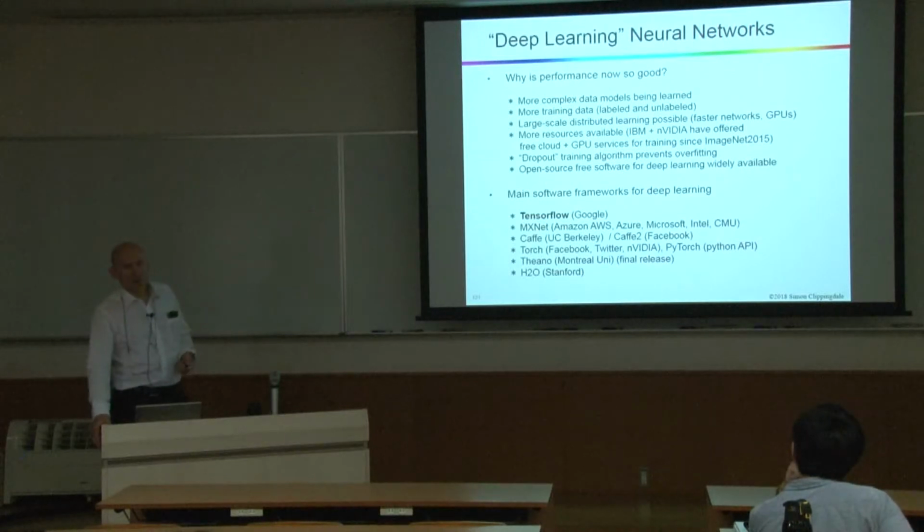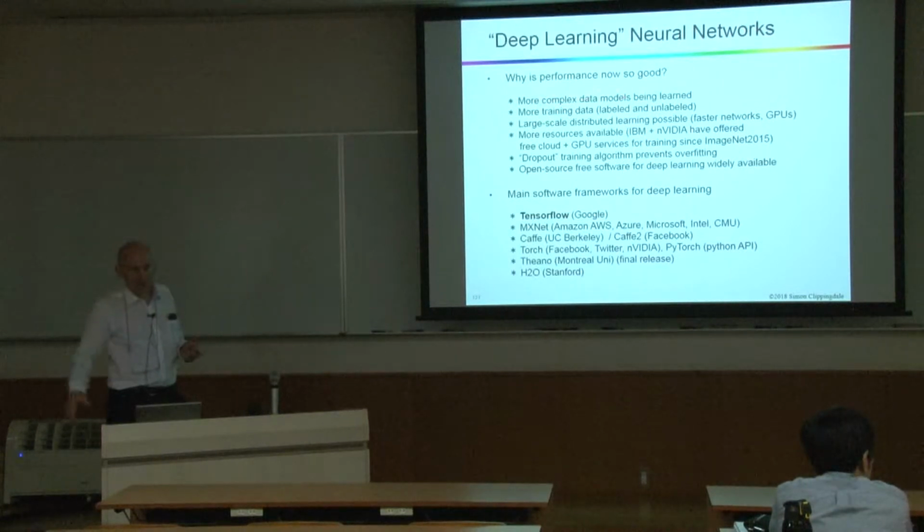And you can imagine that the input space of a set of face images, for example, is very large, and the mapping from that onto a large set of labels is a very complex data model.